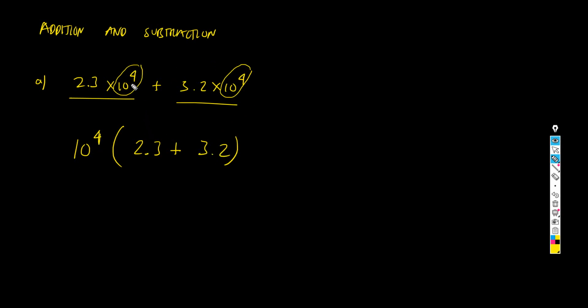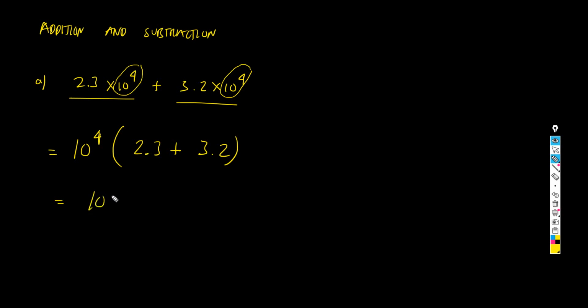You see, I just performed a factorization. And now that I have performed that factorization, look at what you have inside the parentheses: two numbers in decimal notation or standard notation, which you can add. 2.3 plus 3.2, you're going to get 5.5.